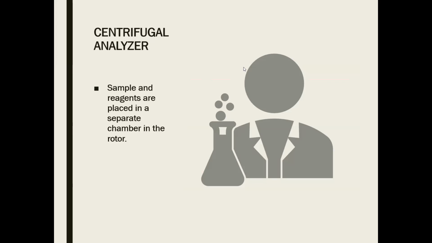Next, the sample and the reagents are placed in separate chambers in a rotor. Take note, when centrifugal force is applied, the rotor spins, which causes the two components to flow into the reaction chamber where they can combine and form a product.